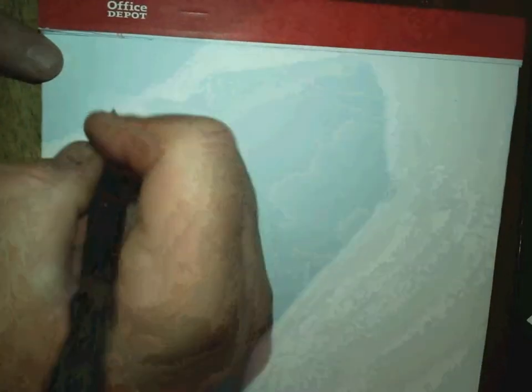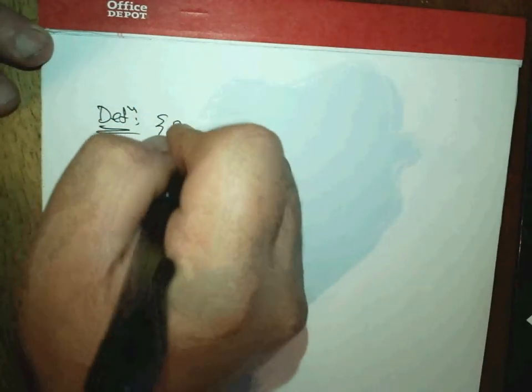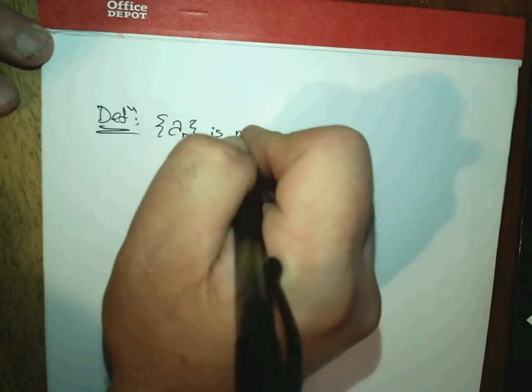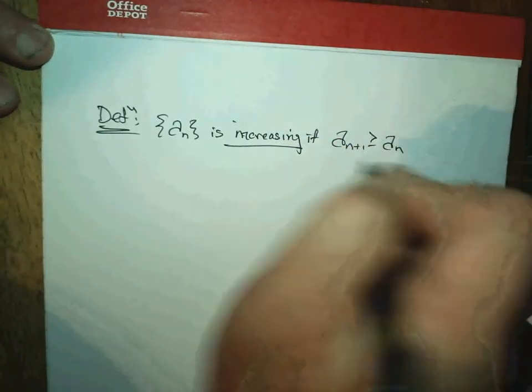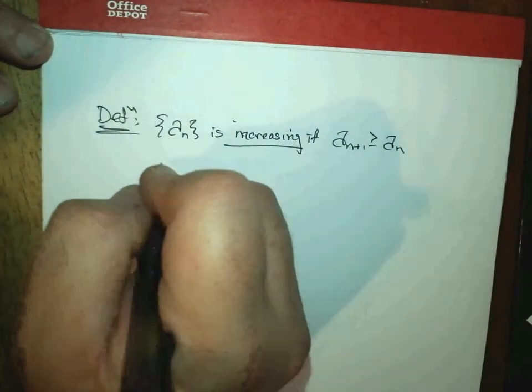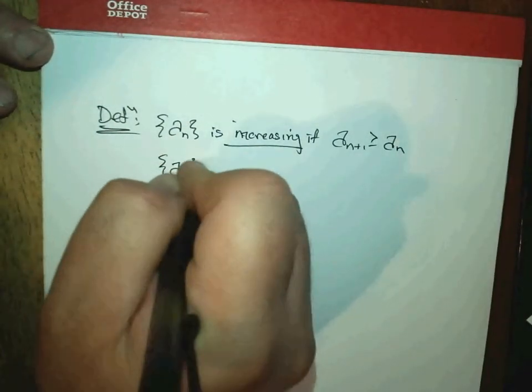Okay. Second definition. Consider bounded to be the first definition. The second definition is concerning a sequence that's increasing or decreasing. We say that a sequence a sub n is increasing if the n plus 1 term is always bigger than the n term.